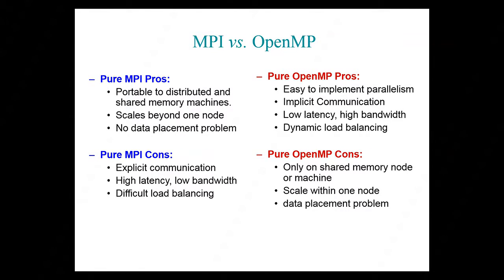And data placement is a problem, and data race is a big issue in OpenMP, because the threads will access the same one copy of the data. So when you read and write data, you need to deal with data race issues.